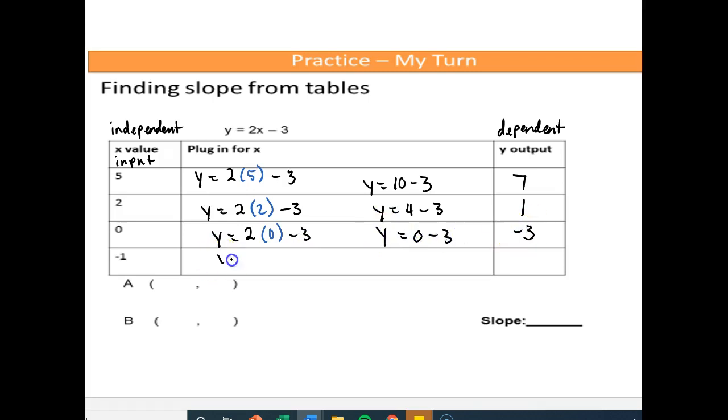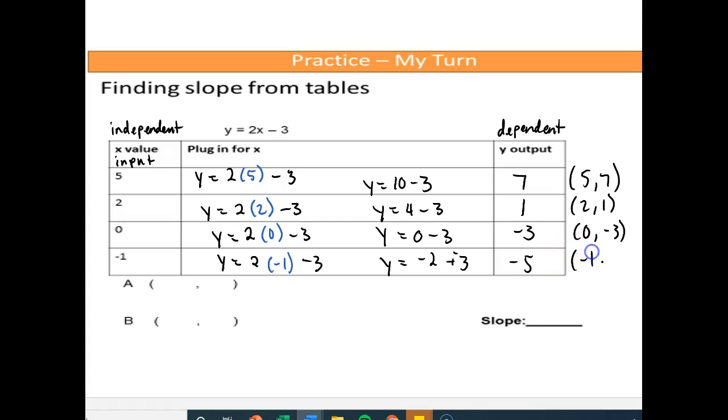And then y is equal to 2 parentheses -1 minus 3, which is -2 minus 3. KCC that, so that's -5. So you can pick any 2 points. You've got points here of 5, 7 and 2, 1. I'm getting these from the x values over here. 0, -3, and -1, -5.